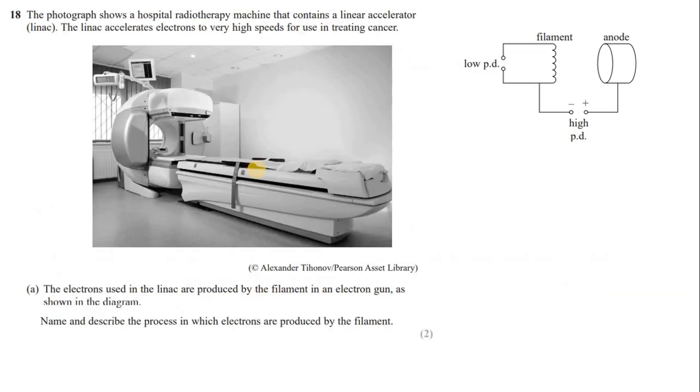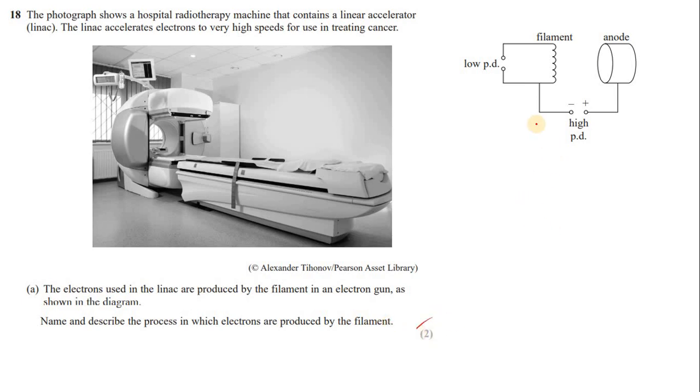Question 18. The photograph shows a hospital radiotherapy machine that contains a linear accelerator, LINAC. The LINAC accelerates electrons to very high speeds for use in treating cancer. The electrons used in the LINAC are produced by a filament in an electron gun as shown in the diagram. This is the electron gun, anode and high potential difference. Name and describe the process in which electrons are produced by filaments. 2 marks question.